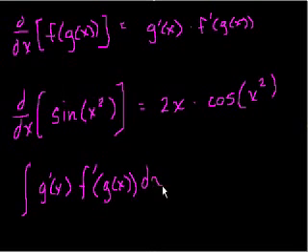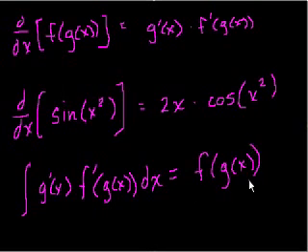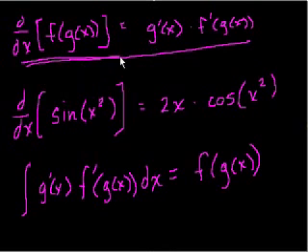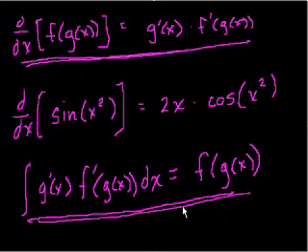I'm just rewriting the chain rule, but in an integral form, that this is equal to f of g of x. This statement up here is the exact same thing as this statement down here. All I did is I took the integral of both sides.